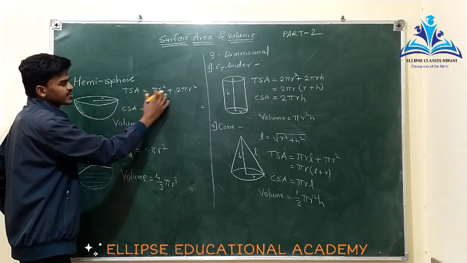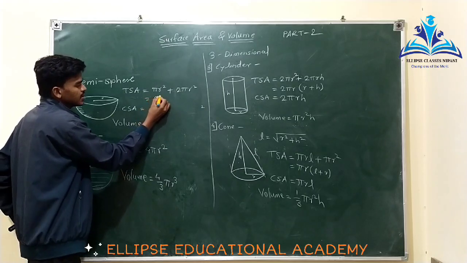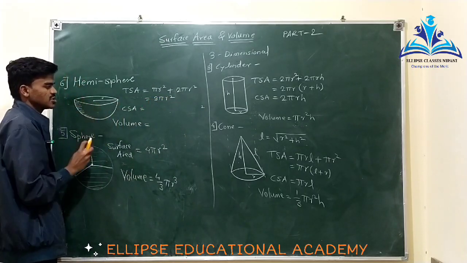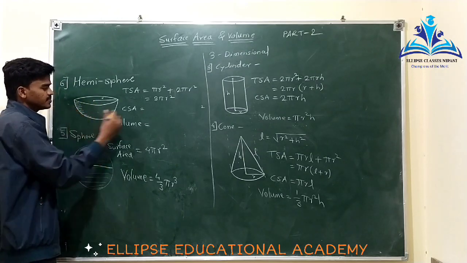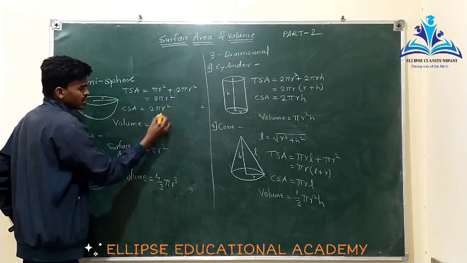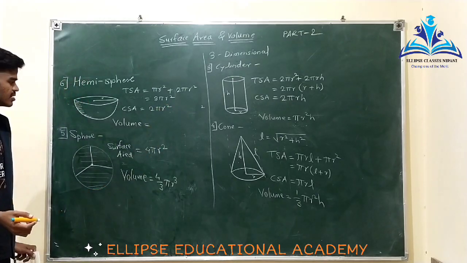So this pi r square and this 2, that means total 3 pi r square is the surface area of the hemisphere. And the curved surface is 2 pi r square.